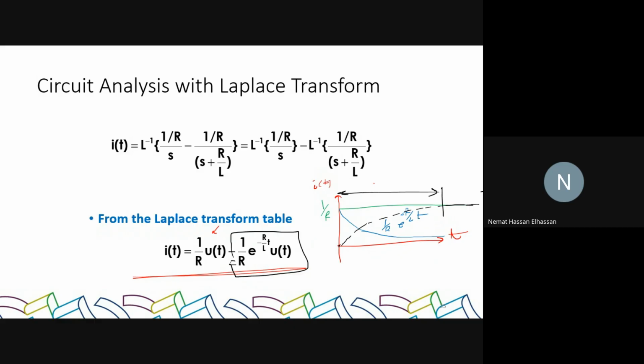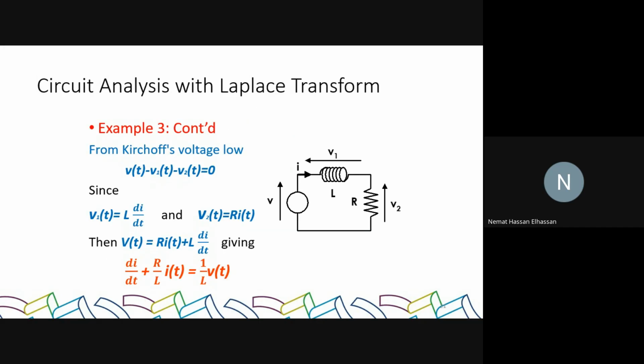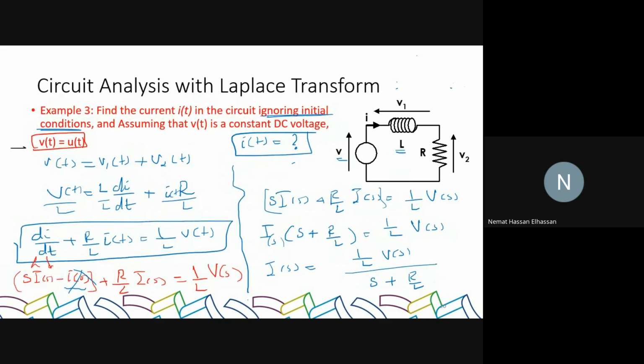We have two types of responses to a circuit. We have what we call the forced response and we have what we call the natural response. Now, do you remember what was the input to the circuit? What was the value of the input? u of t, right?